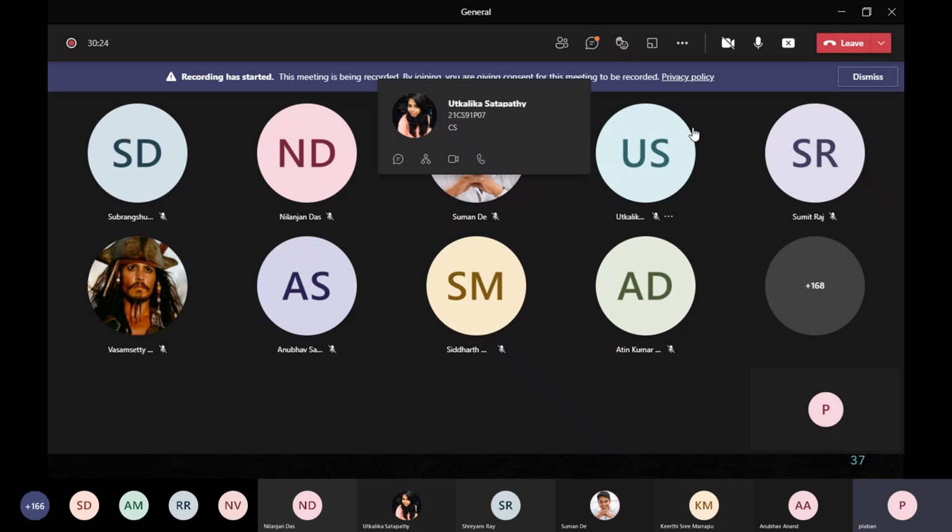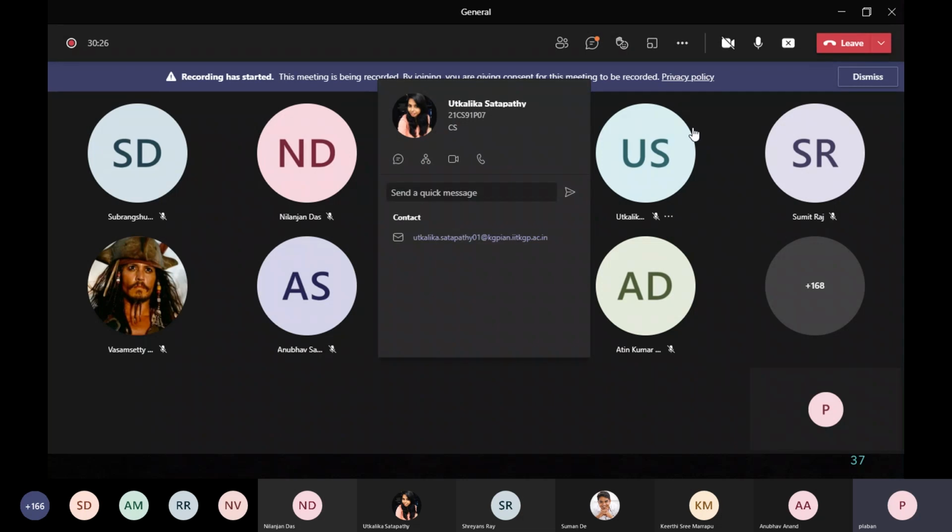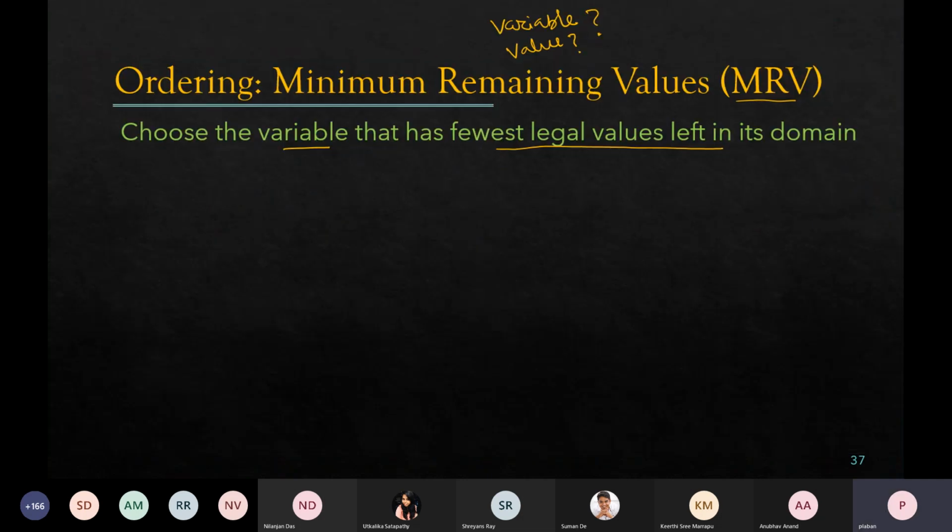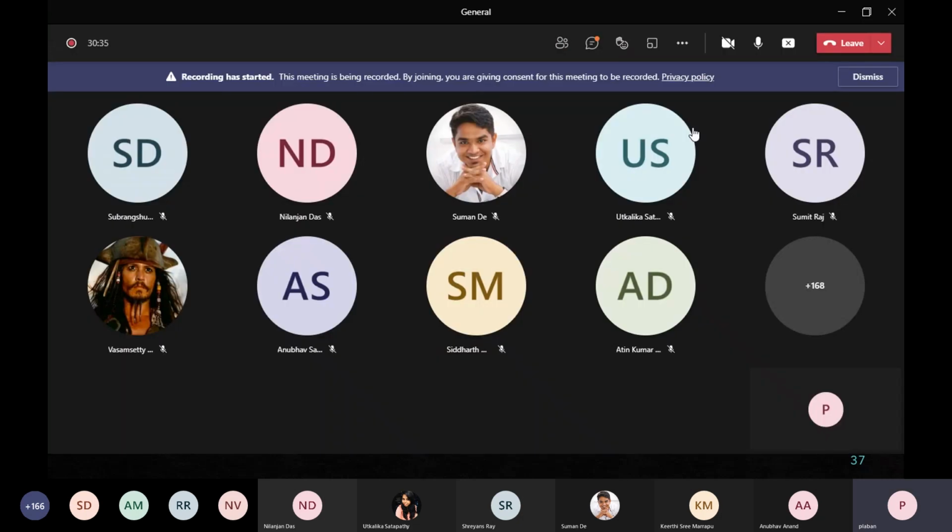Is there any answer from you? Can you guess why we're saying that this can be a good way to look at the problem? Siddharth? Hello? I don't know.